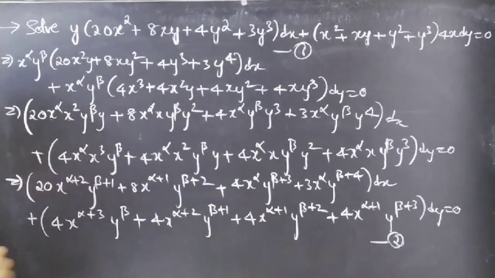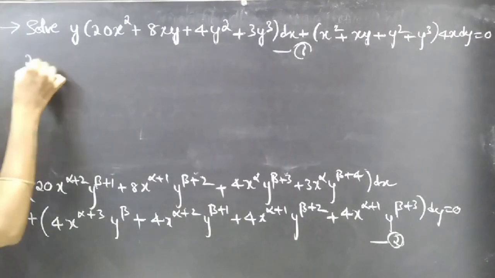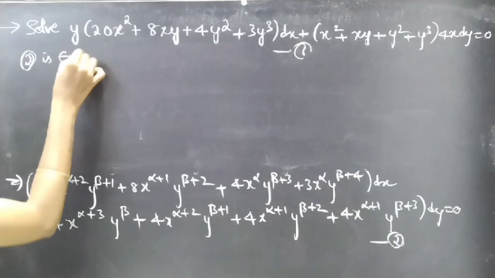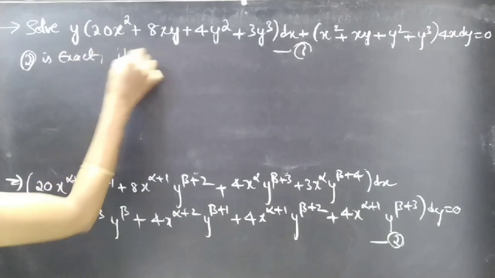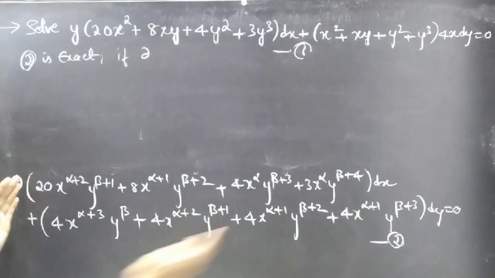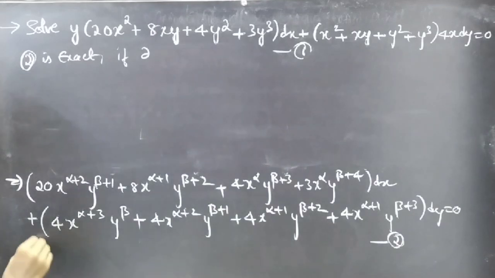Say equation 2 is exact if, see, this is of M dx plus N dy equal to 0 form, right?